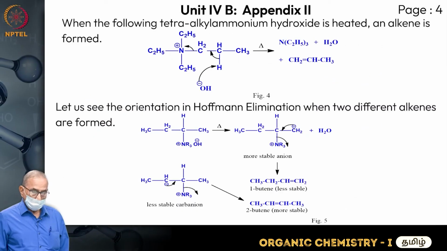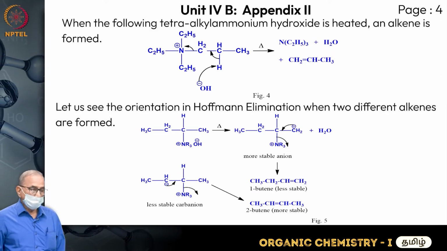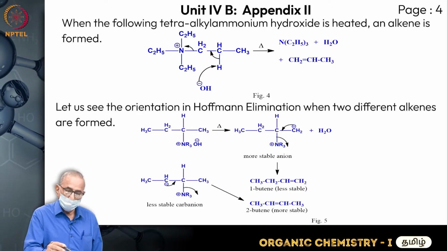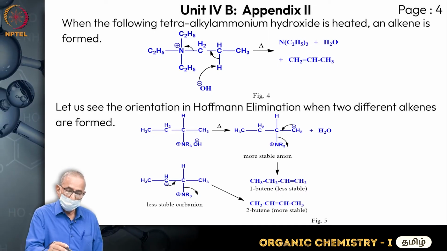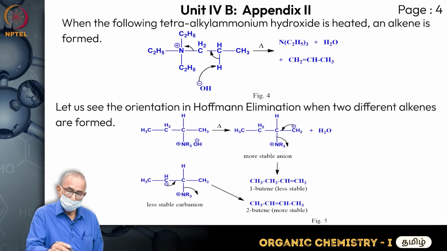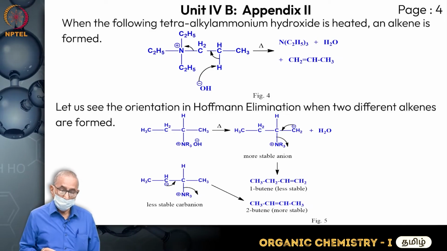When the following tetraalkyl ammonium hydroxide is heated, an alkene is formed. This is the tetraalkyl ammonium hydroxide. You have 4 C2H5 groups attached to this nitrogen and 1 propyl group attached to this nitrogen.